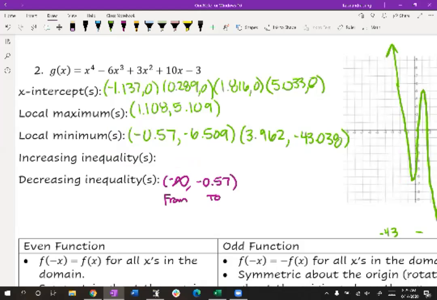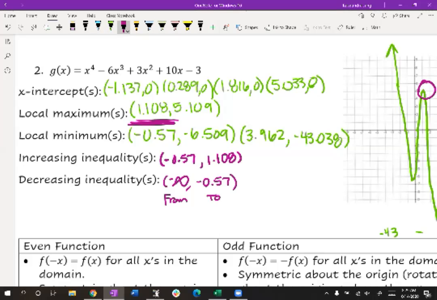So it was decreasing at the beginning here and then it turns around, now it's increasing. So I'm going to pick it up where I left off at the negative 0.57. From there, it is increasing until this x value, which was a maximum, right? So the x value in that maximum was 1.108.